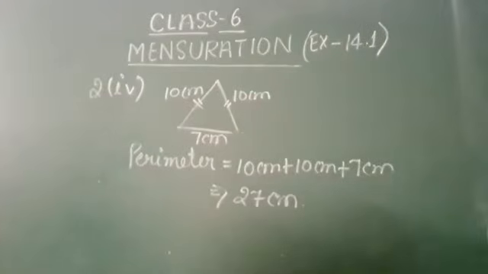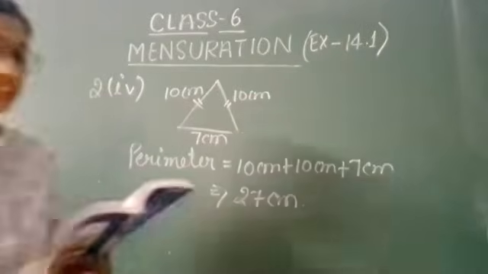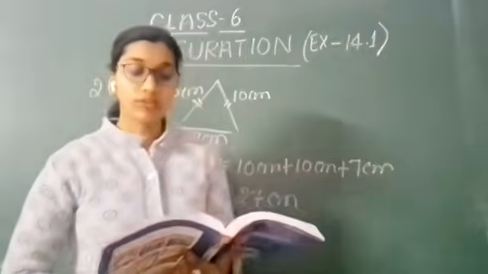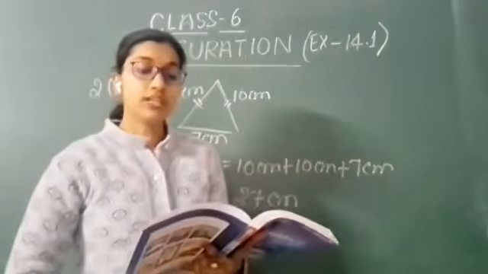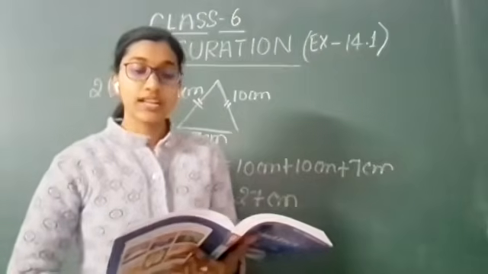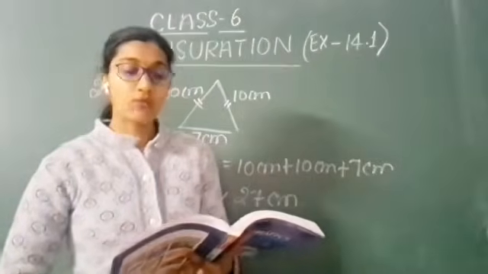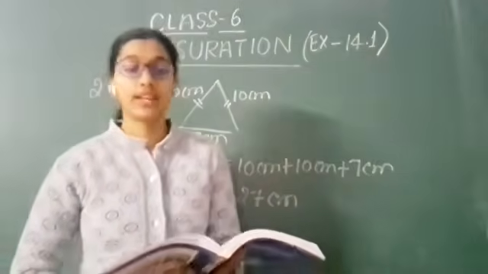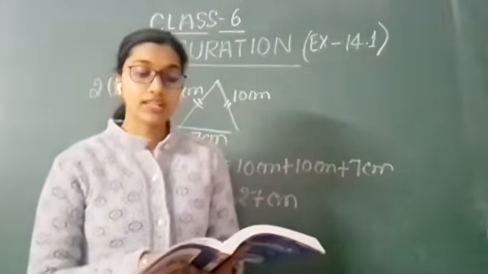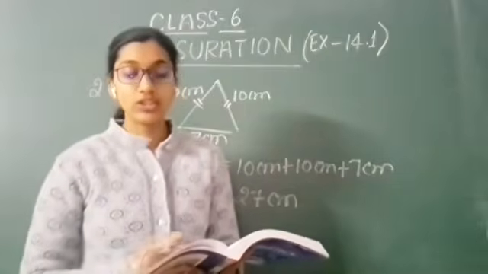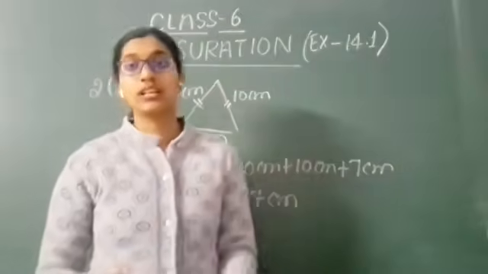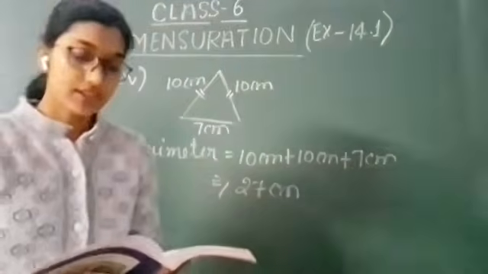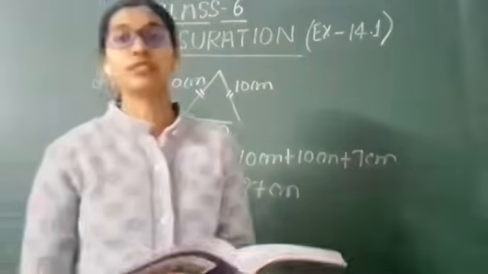Then the next question is given. The lid of a rectangular box of sides 40 cm by 10 cm is sealed all round with tape. What is the length of the tape required? In this question, the last part is asking what is the length of the tape required. Length is asked, and we know perimeter is equal to the length of its boundary.